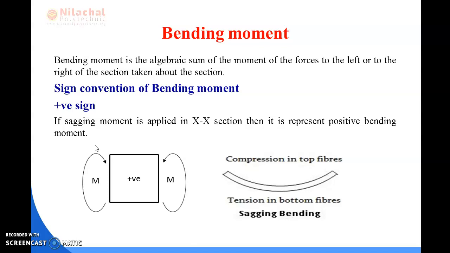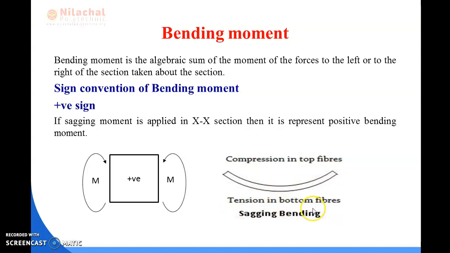Now comes the sign convention of the bending moment. It is also of two types, positive sign and negative sign. For the positive sign, the moment direction looks like this. Whenever a body or structure is subjected to this kind of moment, the beam is deformed like this, and this bending is known as sagging bending.